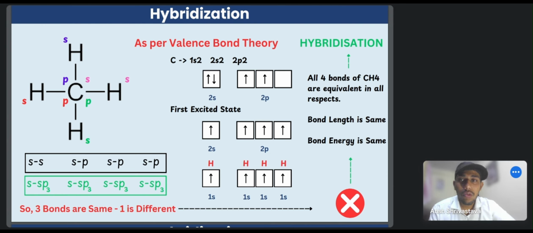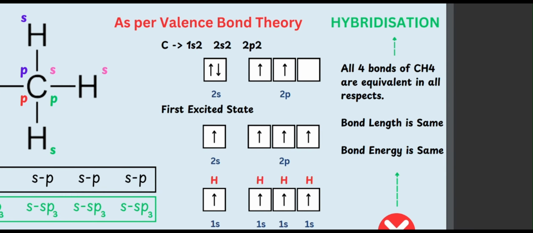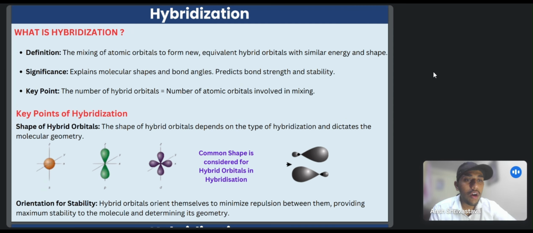Now we will go deeper into hybridization and try to understand what it actually is. Hybridization is the process where atomic orbitals of similar energy combine or mix to form new orbitals called hybrid orbitals. These new orbitals are of equal energy and similar shape, and they are used to form bonds in molecules.